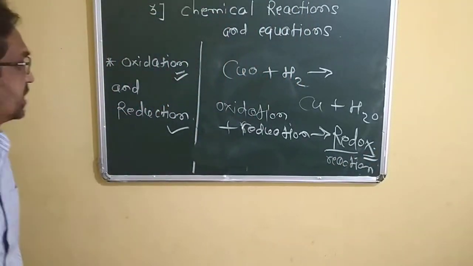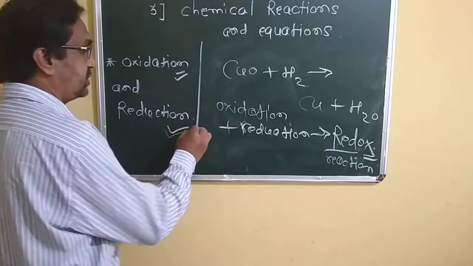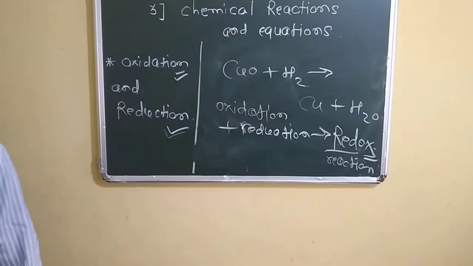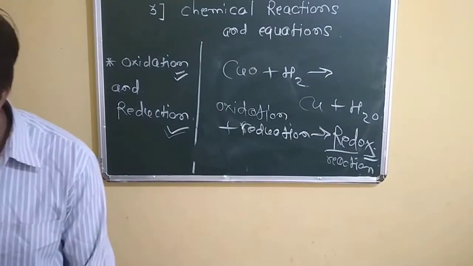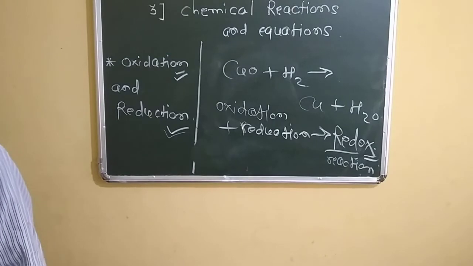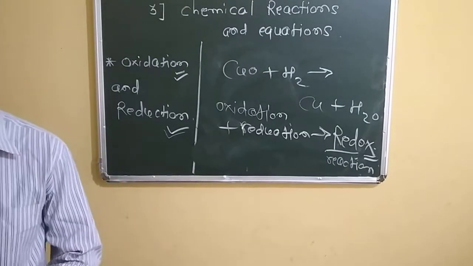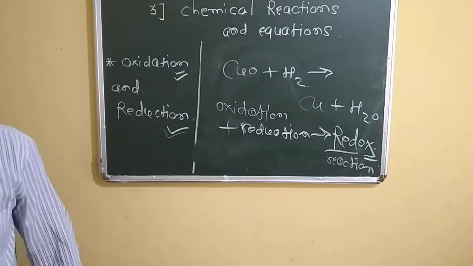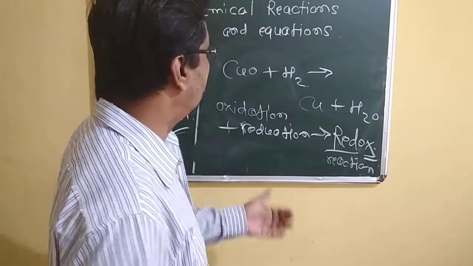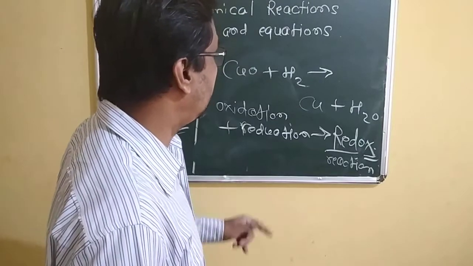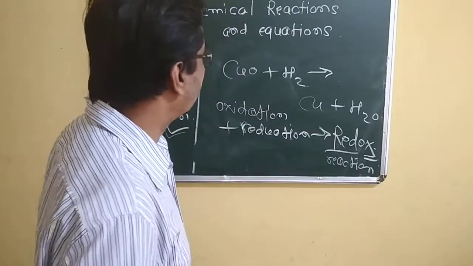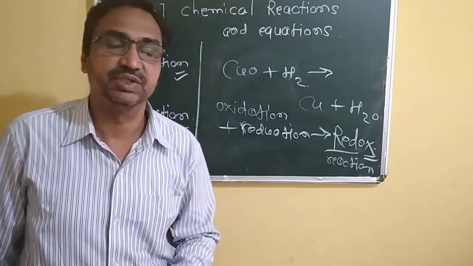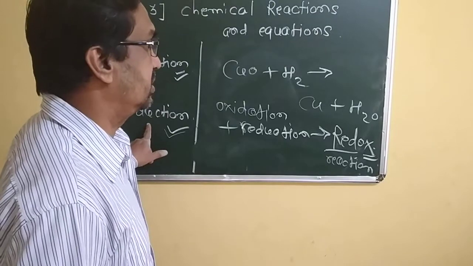When the positive charge on an atom or ion increases or the negative charge decreases, it is called oxidation. And when the positive charge decreases and the negative charge increases, this type of reaction is called a reduction reaction.